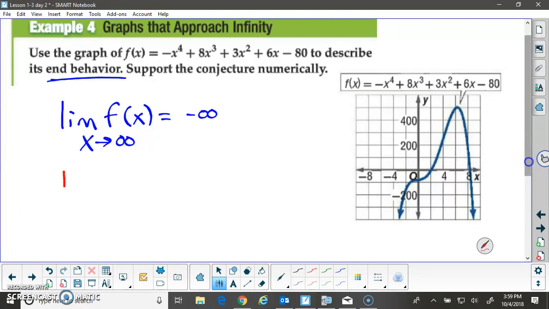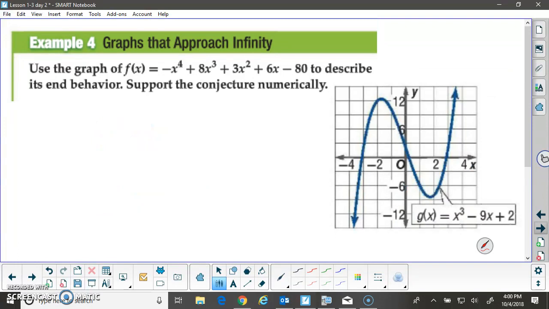We also need to write limit of the function as x approaches negative infinity. This is now describing the left side of the graph. And if you go really far to the left, the graph is also going down. Therefore, I'll put a negative infinity on the left end notation. So the blue represents the right end, and the red represents the left end.